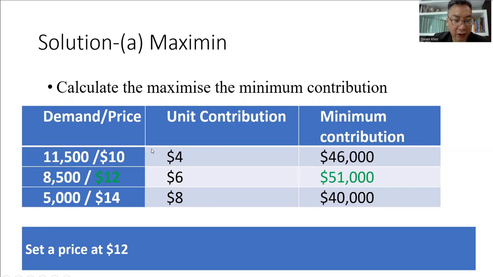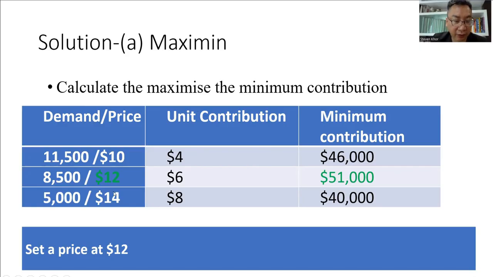Then the unit contribution is 4. So the minimum contribution is 46,000 there. Whereas if you set the pricing at 12, the demand is at 8,500. Then the unit contribution is 6. So it means that your minimum contribution is 51,000.